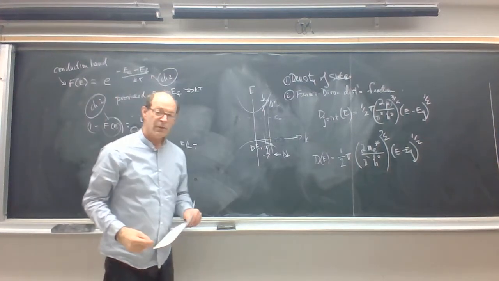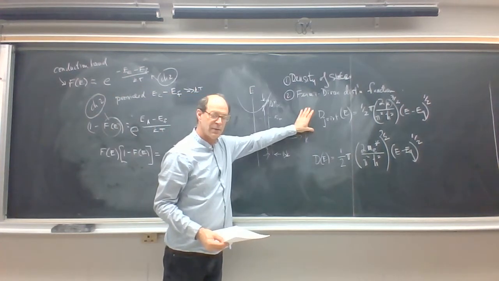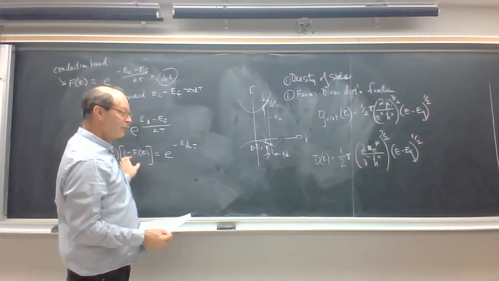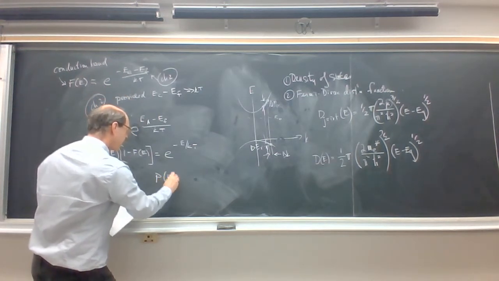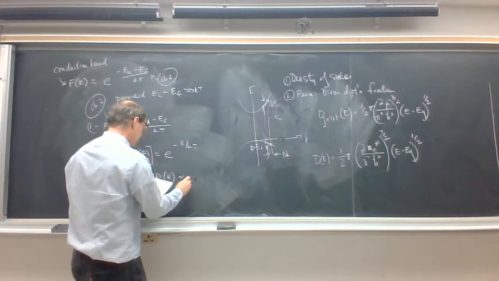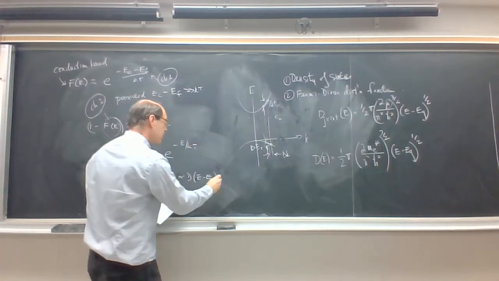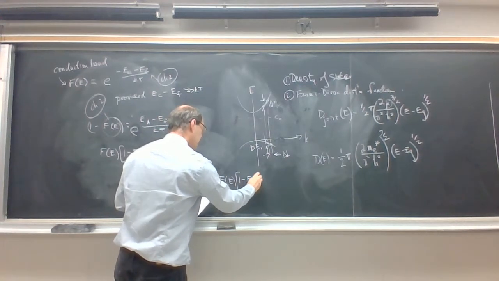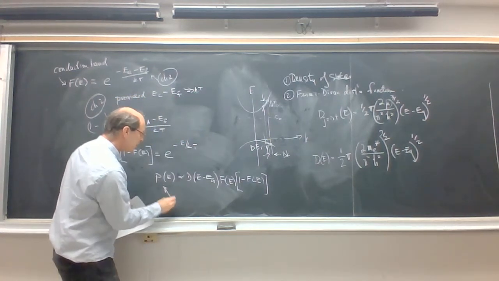Of course, if you want to finish this, you have to include both the density of states, the joint density of states, which we have here, as well as the product of f of E times 1 minus f of E. If you put all that together, you will get what's called P of E. P of E is proportional to d of E minus Eg multiplied by f of E times 1 minus f of E. So we have here an expression for what we call the probability of a transition.